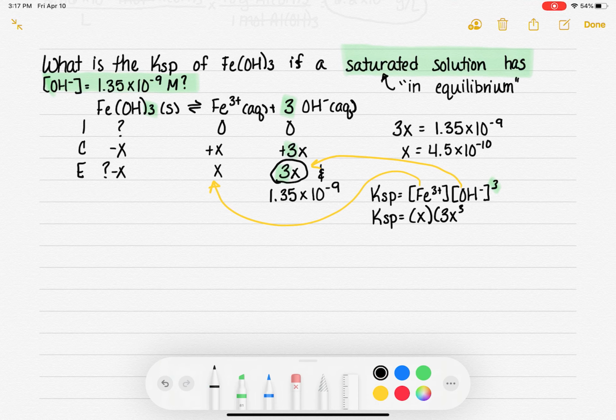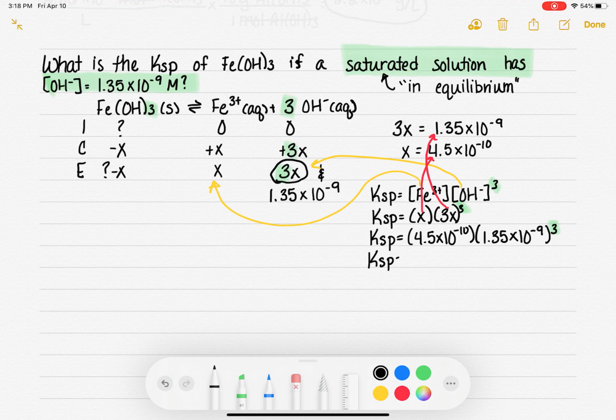Don't forget to cube it. What is X? X is 4.5 times 10 to the minus 10. What about 3X? 3X is 1.35 times 10 to the minus 9. And don't forget to cube it.